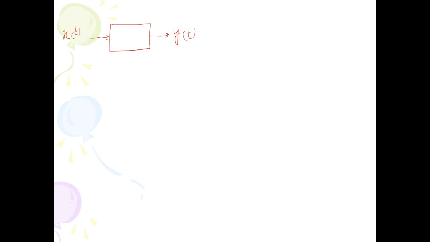So relation between the input and output is y of t is nothing but the transformation of x of t. So that's why this is represented. Where x of t is input or excitation and y of t is output or response of the system.